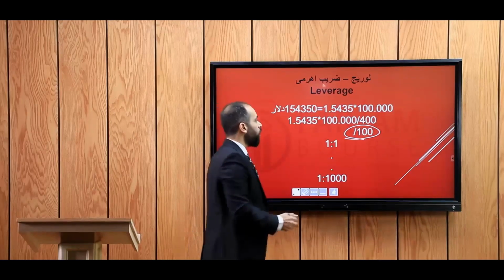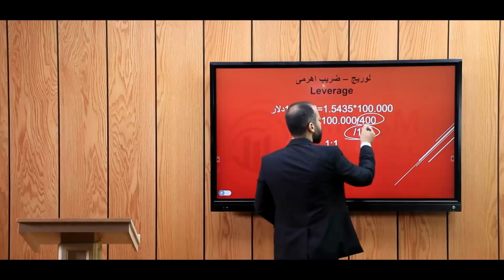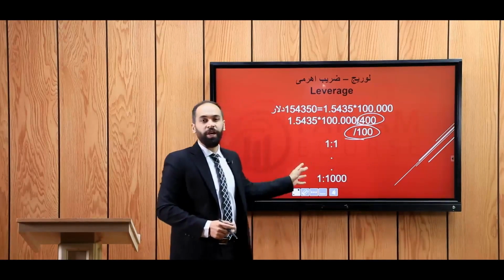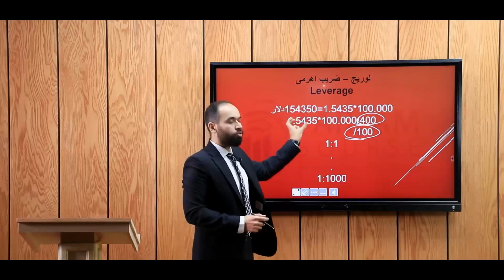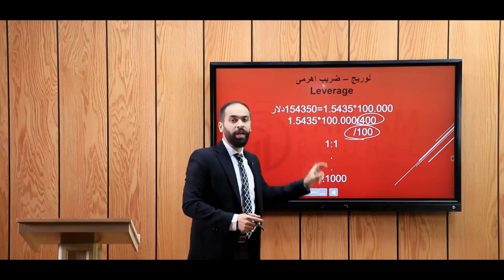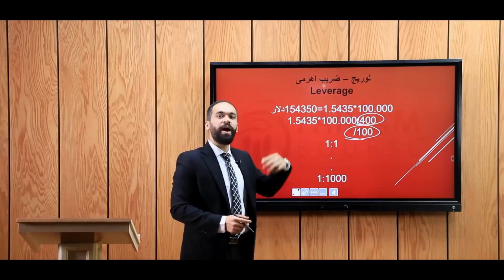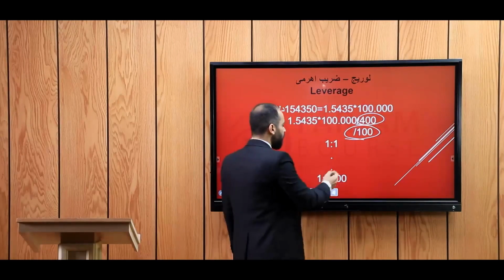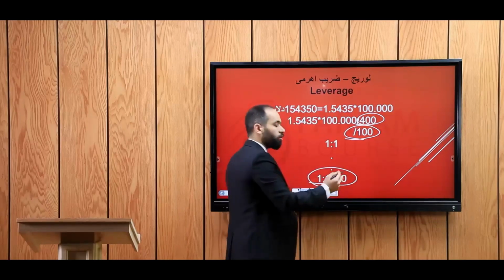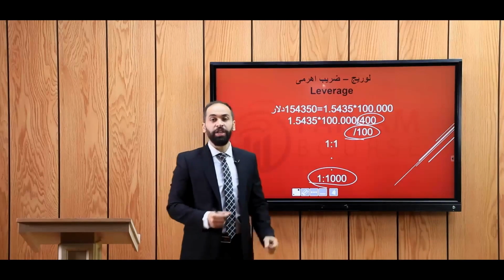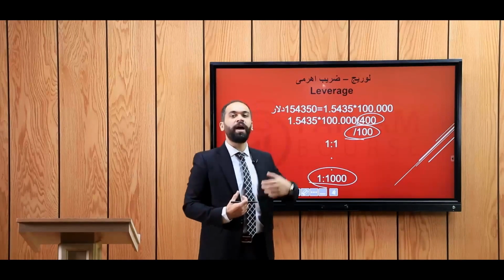Or if the account is 1-to-400, what does that mean? It means that out of the total amount, $154,350, you only put up 1/400th and the broker covers the rest. There are even leverages up to 1-to-1,000 available at brokers, where you only put up 1/1000th yourself. The broker covers the rest.